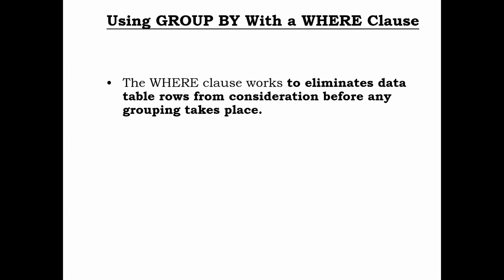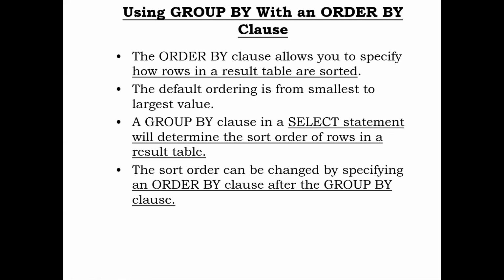What it does is eliminate data table rows from consideration before any grouping takes place. Then using a group by with an order by clause. So what is the order by clause?